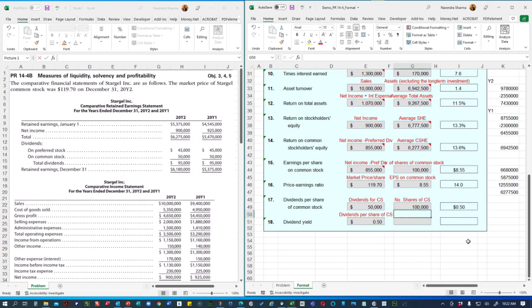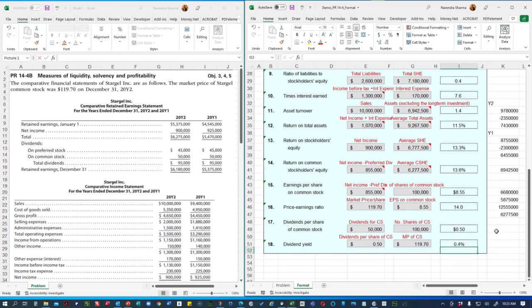And we are going to divide it by the market price of common stock. That also we already have. That was 119.70. So we just calculate that. So this is going to be this divided by this one. Okay, so as you can see, the dividend yield is 0.4%. So if you're an investor trying to look for investment, then you'll have to compare whether it's a wise decision to invest in this company or not.